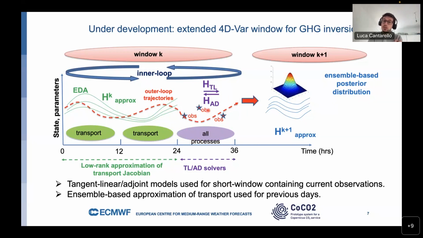Then we can back-optimize the emissions in previous windows using this Jacobian, starting from the window we are already at. And of course, we can also run an ensemble in the future and produce a posterior distribution, which is also based on the ensemble.